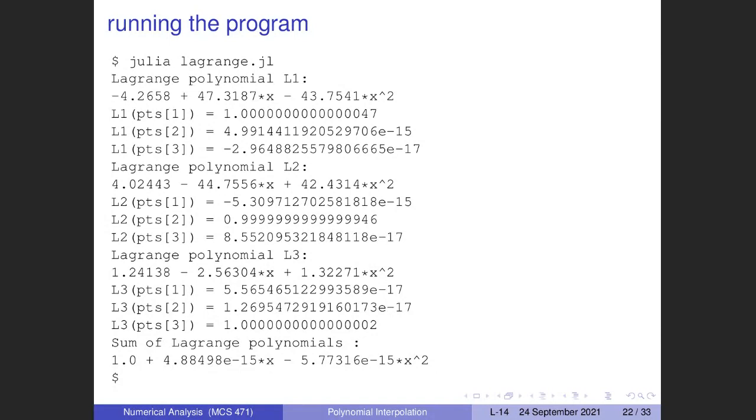And if we sum the Lagrange polynomials, then actually we might be a little bit surprised. We actually don't see 1. But notice the coefficients. So we always read our floating point coefficients from right to left, and they are written in scientific notation. So these numbers are actually very close to machine precision.